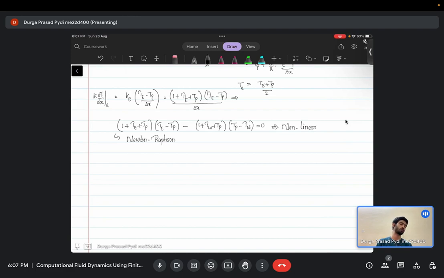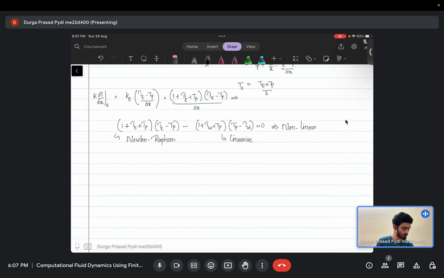So how do we go about this? Our aim is to essentially linearize this equation. We are linearizing it again based on a Taylor series expansion, but now it's slightly different. We will guess the values of Ke.